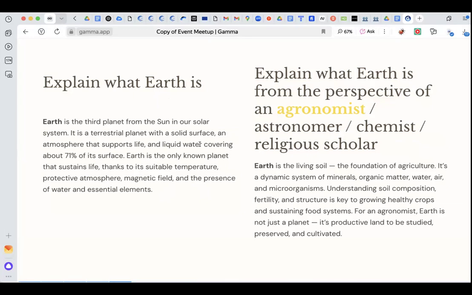But if we make the prompt more advanced, if we add some context or a role or a format, like "explain what Earth is from the perspective of an agronomist, astronomer," or anything else you want, it will change the answer because it focuses on the specific facts which are connected to this role. So it's really interesting to change the roles and to see the differences in its answers.